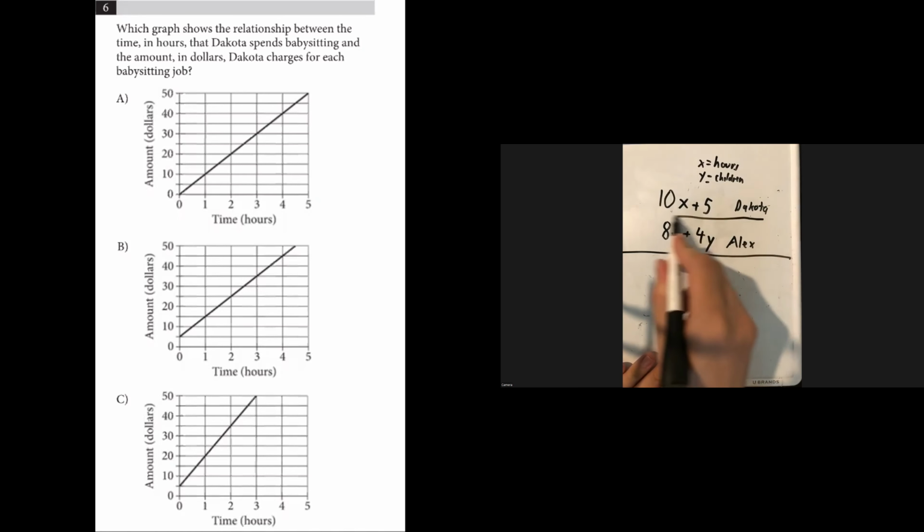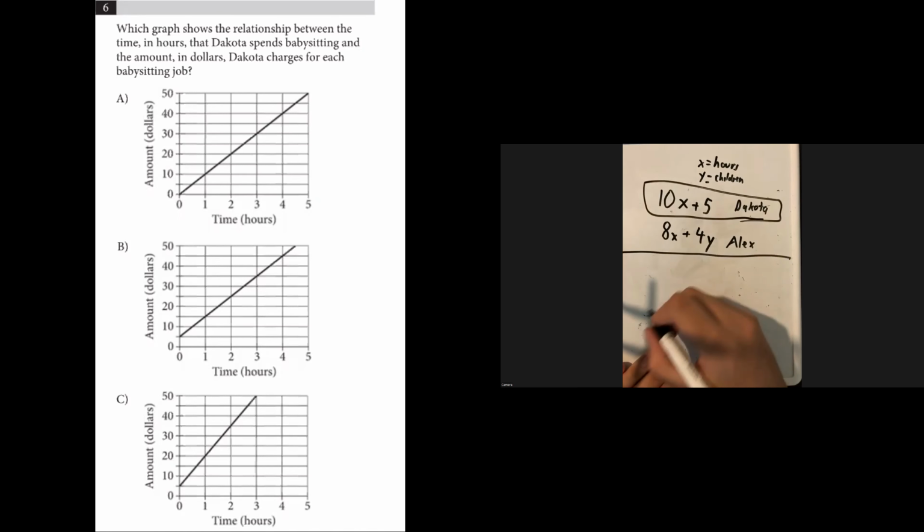All right, so for this one, it's asking about how to graph Dakota's rate. So that'll just be 10x plus 5. So we have a y-intercept of 5 and a slope of 10. So which one of these has a y-intercept of 5?